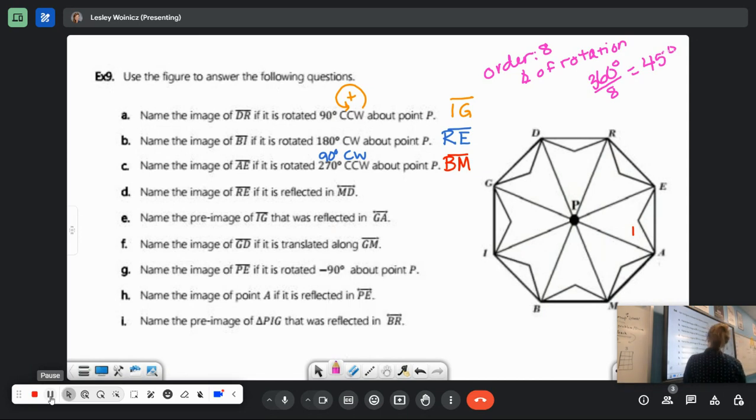What about if we take the segment RE and we reflect it in the line MD? That's my line of reflection. So perpendicular distance.